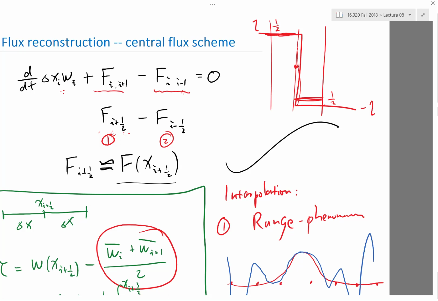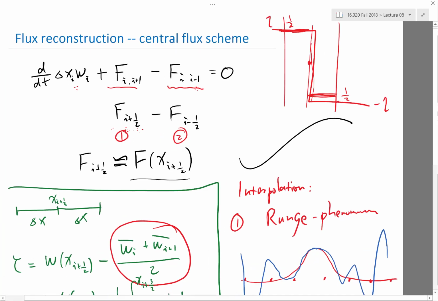So how would the cell averages evolve in this case? Yes, there is more flux coming in this way, and no flux going out on the right.